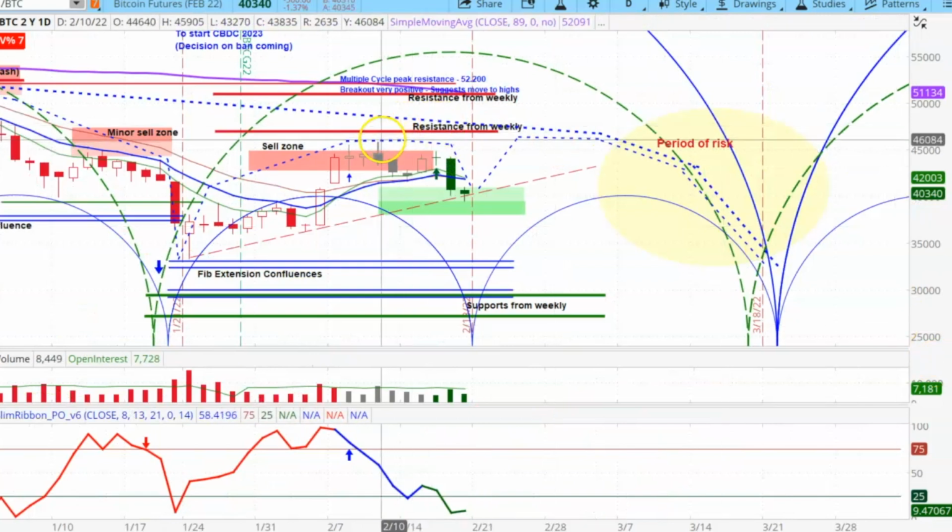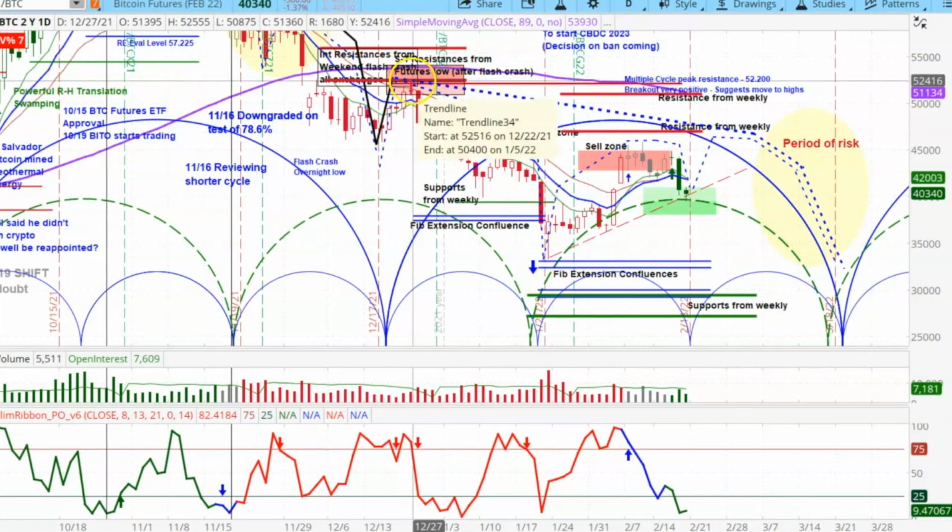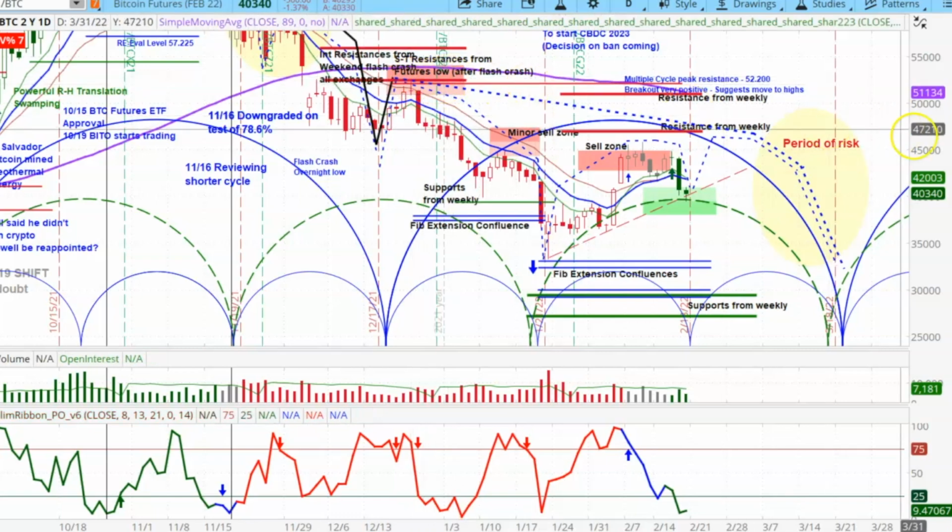If it gets over these levels in here, there'll be a little bit of a warning if it gets over 46,000 to 47,000, some pretty good resistance in there, but it really does not turn positive unless it gets over 52,000, way up over at that other resistance.